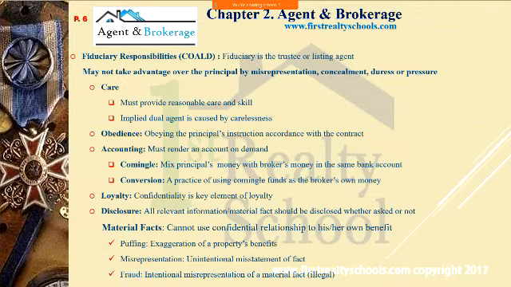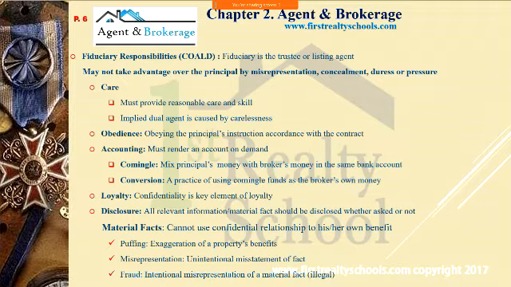For example, if I get a listing at my company, and anyone who contacts me regarding my brokerage listing, if I accept it, then I become a dual agent. Dual agency under national law is illegal.